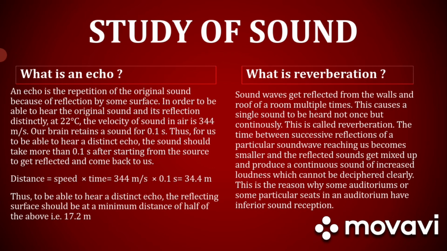The time between successive reflections of a particular sound wave reaching us becomes smaller, and the reflected sounds get mixed up and produce a continuous sound of increased loudness which cannot be heard and understood clearly. This is the reason why some auditoriums or some particular seats in an auditorium have inferior sound reception.